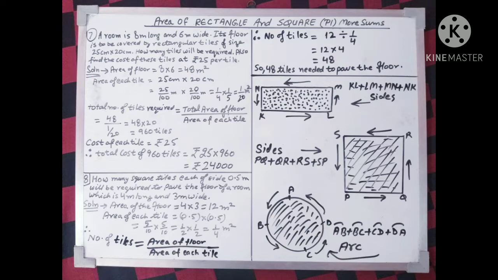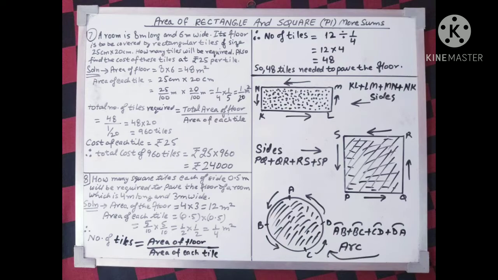Now each side of the square tile is 0.5 meters, that is half meters. Therefore area of each square tile is equal to half into half, that is side into side, which gives us 1 by 4 meter square.